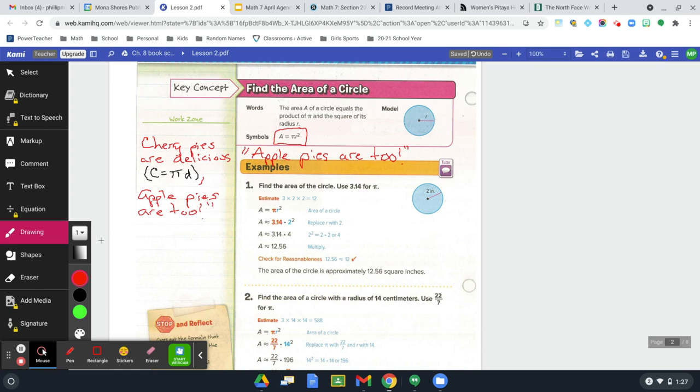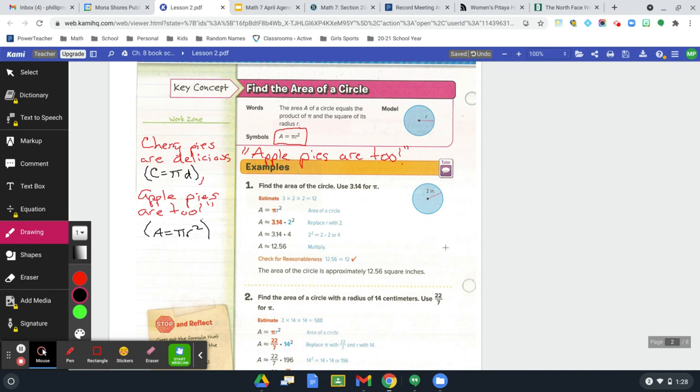And that goes with my area formula, pi r squared. Okay. Cherry pies are delicious: C, circumference equals pi times diameter. Apple pies are 2: area equals pi times the radius squared. All right. Made a little mistake. That looked kind of weird there. There we go. Okay, so now we have another formula to know and practice and work with.